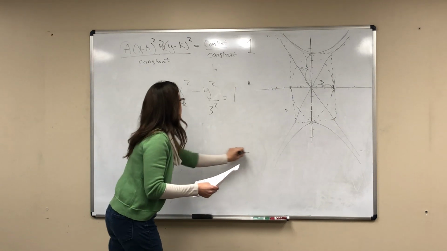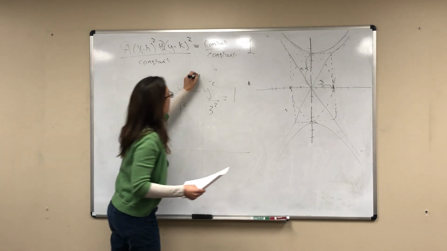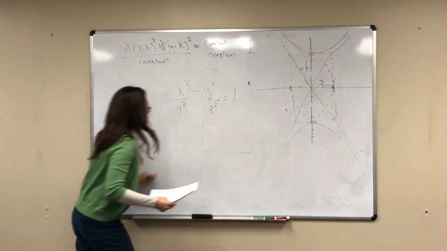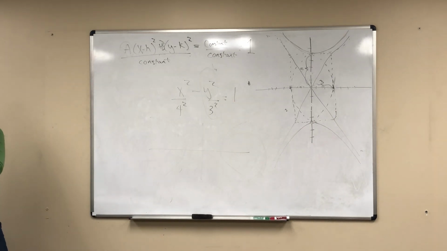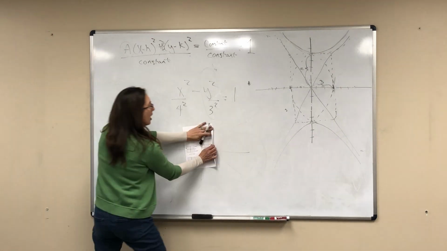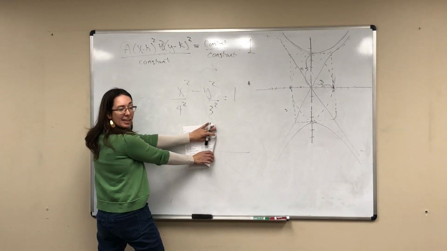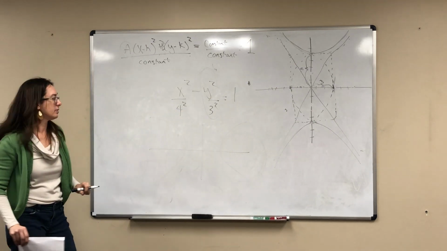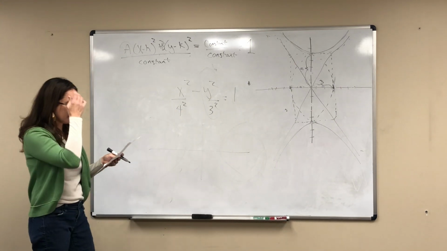So number 1 on the graph, because my y is subtracted, this hyperbola has to be a left and right. Right? Because the y is not included in my graph. So it has to be a left and right.